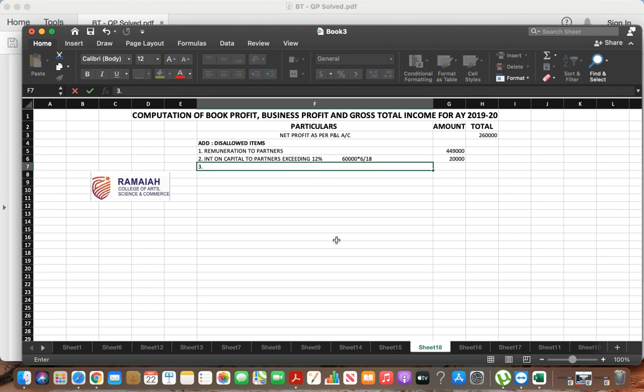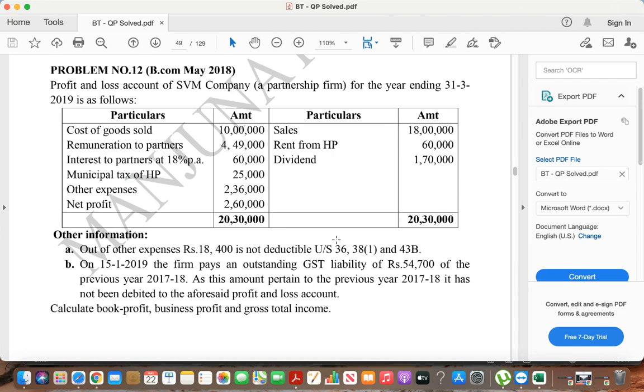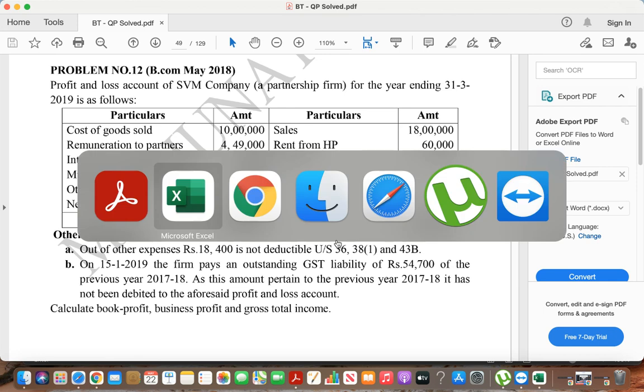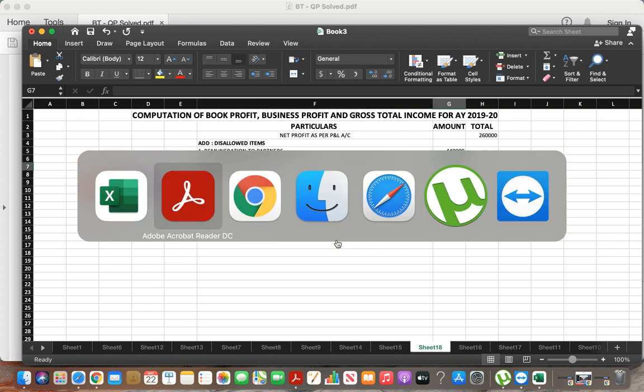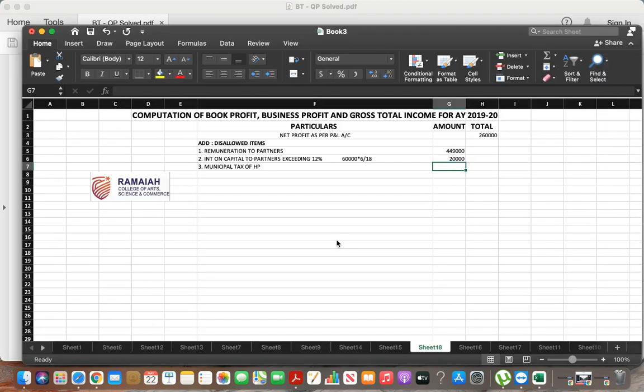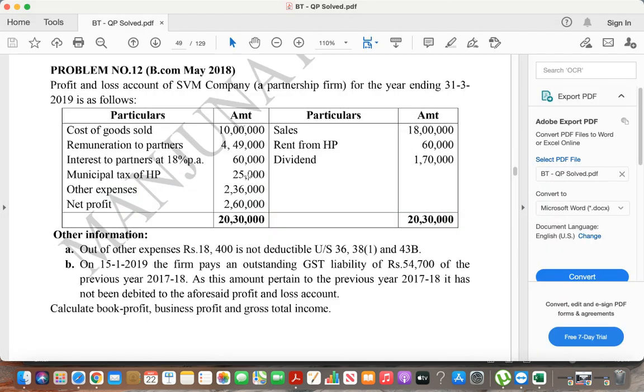Then next, municipal tax of house property. It belongs to another head, not to business. So that is 25,000. Next, other expenses. Regarding other expenses, we have an adjustment.